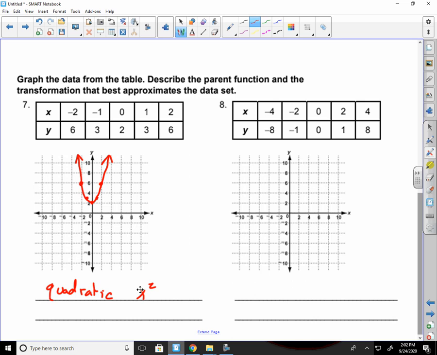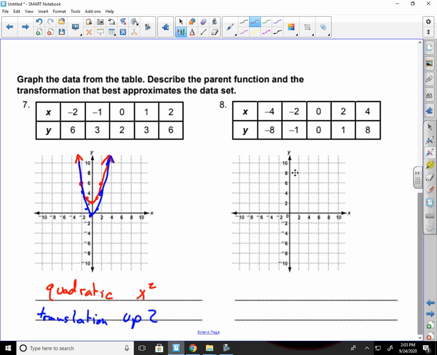The transformation, if I went on Desmos and plotted this, you would see it goes like this. So it took our parent function and just moved it up 2. Translation up 2.